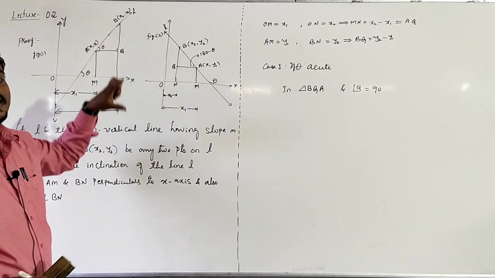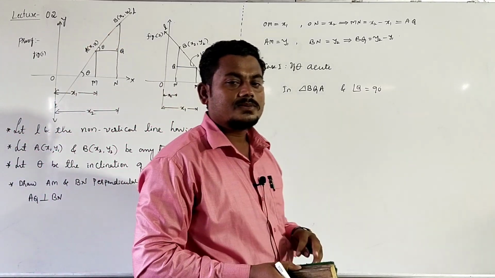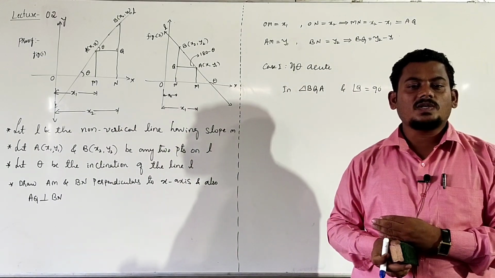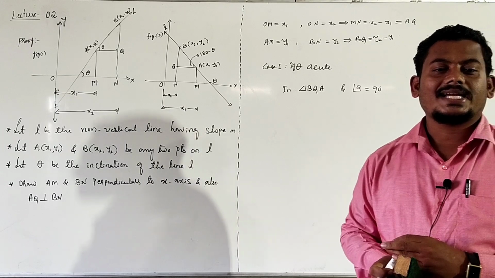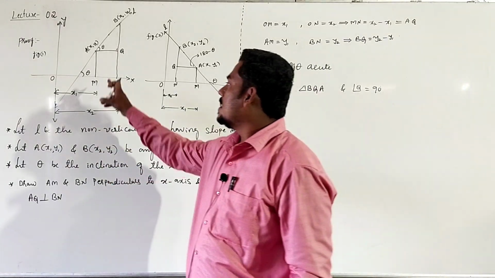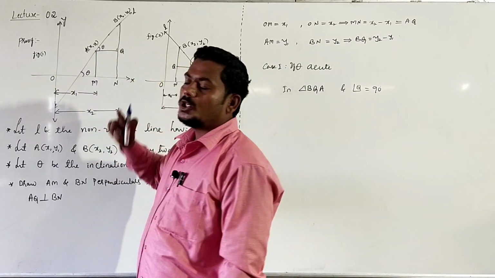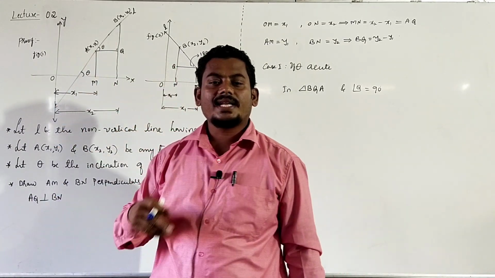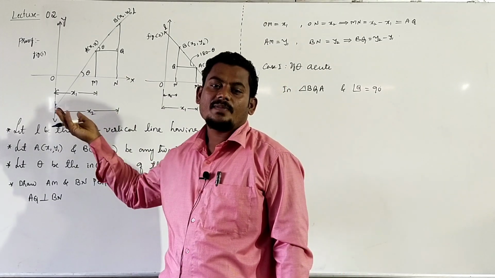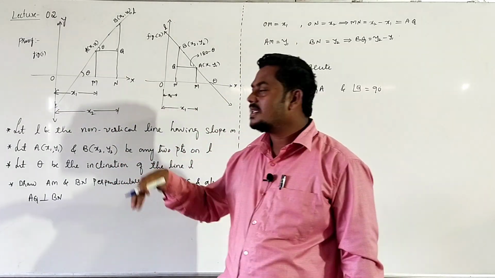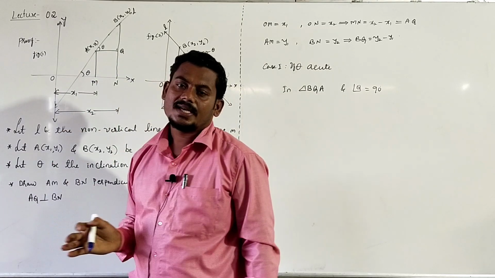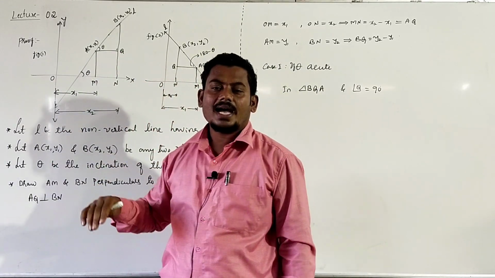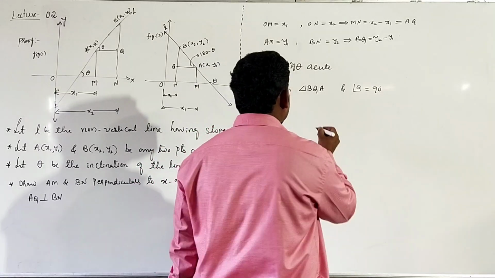In this right angle triangle, tell me the tan theta value. What is tan theta? Already you know, tan theta is equal to opposite side divided by adjacent side, right? The side which is opposite to the given angle is the opposite side. The side opposite to 90 degrees is the hypotenuse, then the remaining side is the adjacent side, or the side which is adjacent to the given angle is the adjacent side. Now look at this triangle and write the tan theta value.